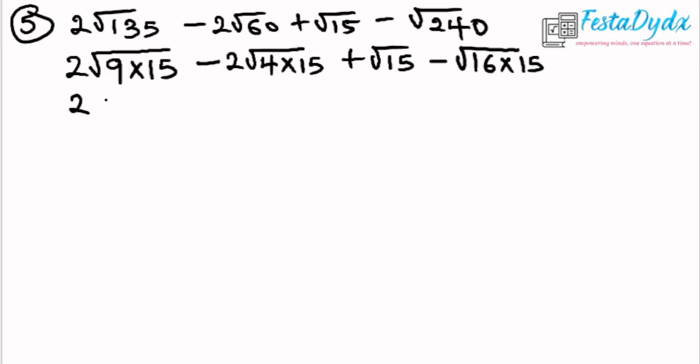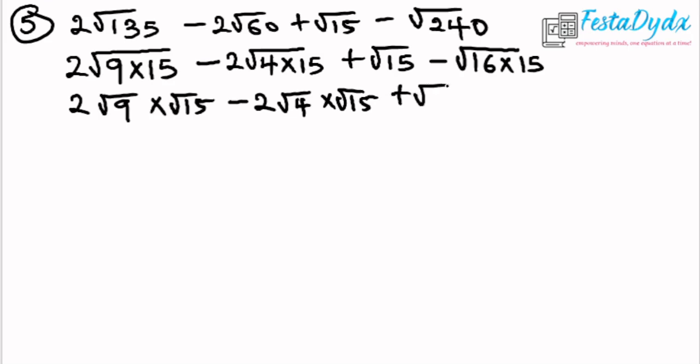So 2 root 9 times root 15 minus 2 root 4 times root 15 plus root 15 minus root 16 times root 15. So the next thing is to look for the square root of the perfect squares.